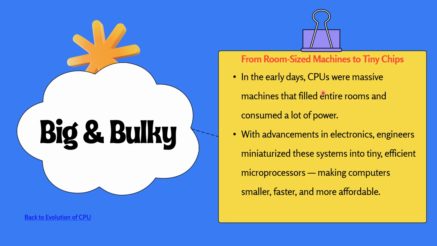The CPUs were massive and filled entire rooms, and since they were very big, they consumed a lot of power. But with advancements in electronics, more transistors, resistors and diodes have been developed. So these big machines have now been replaced by tiny, efficient microprocessors, which are the central processing unit implemented in a single chip.